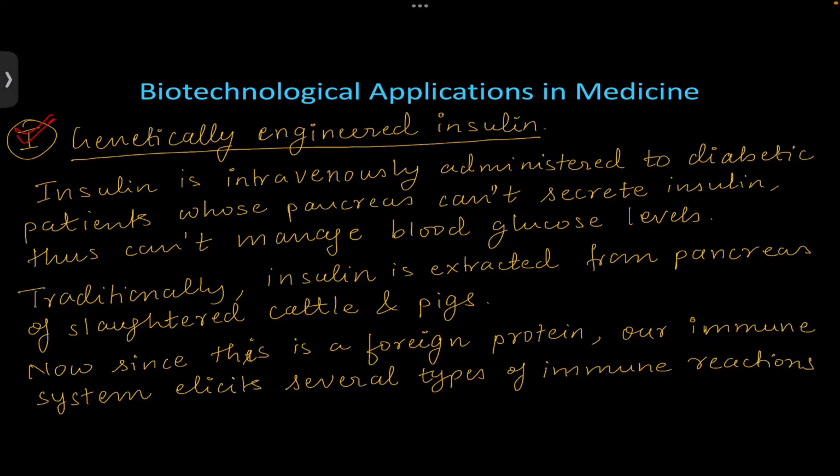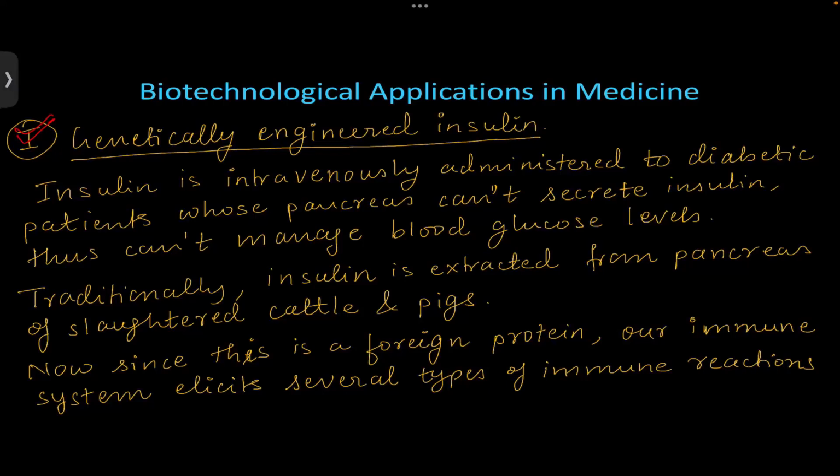So if you have grandparents in your home, or if any of your parents are suffering from diabetes, you might know that their blood insulin concentration is quite low, because of which the blood glucose levels are high.